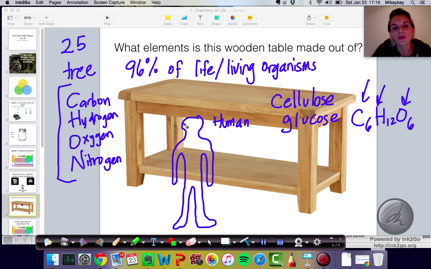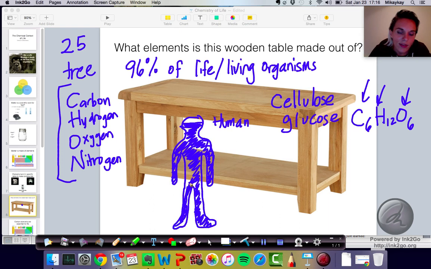So of this human, let's say the vast majority of it, 96% of this human, is made out of carbon, hydrogen, oxygen, and nitrogen. And that's remarkable.